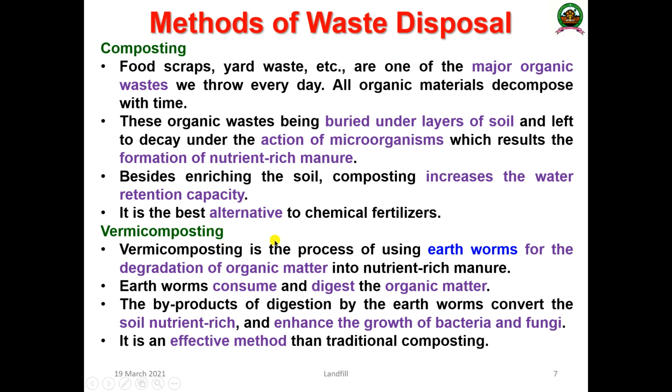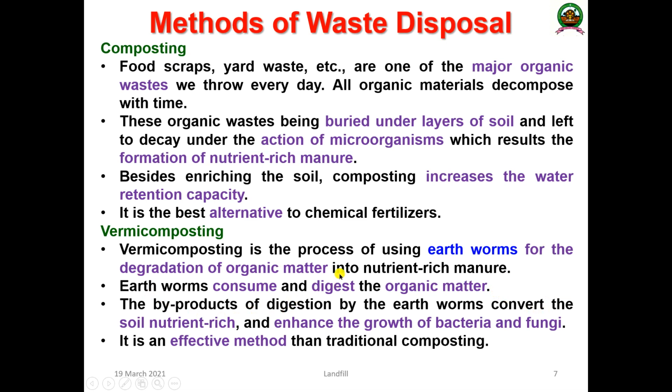Next one is vermicomposting. This is another one of the best methods of waste disposal, and this is the process of degrading waste by earthworms, producing nutrient rich manure from the organic material that is degraded by earthworms.